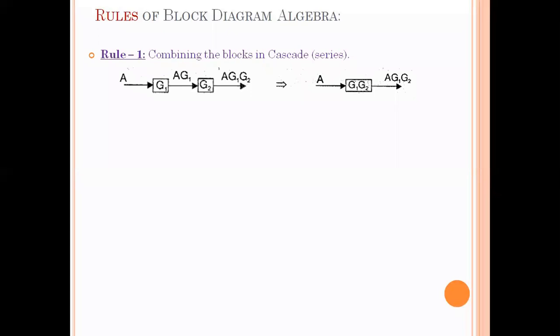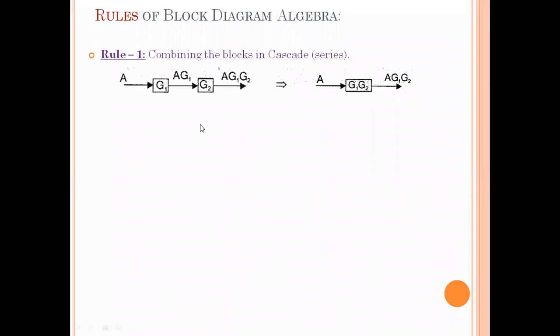First, everyone must remember this essential point: the input and the output of the block diagram must remain the same. The input signal and output signal should not be affected.